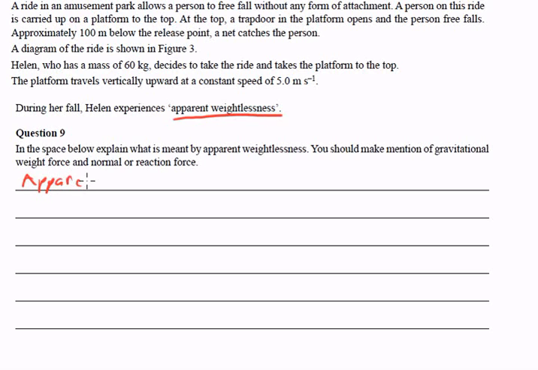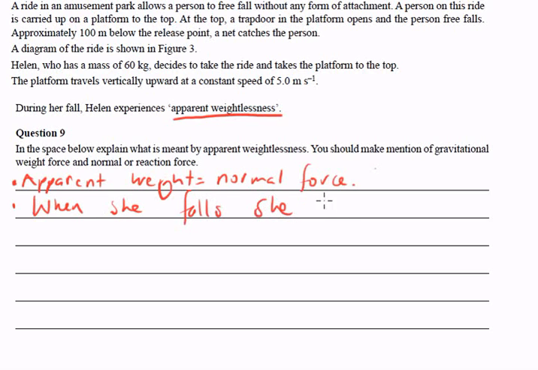Again, we're going to start off how we started everything else off. Apparent weight equals the normal force. That's the dot points. That's dot point 1. When she falls, she has only got gravity force acting on her.